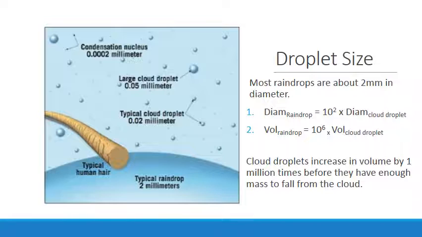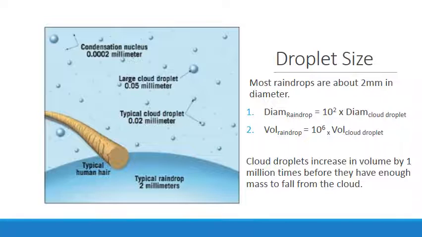Typical cloud droplets are minuscule. They're 2/100ths of a millimeter in diameter. So this is another blurry diagram, but you get the idea from it that a cloud droplet is very tiny compared to other moisture droplets in the sky.